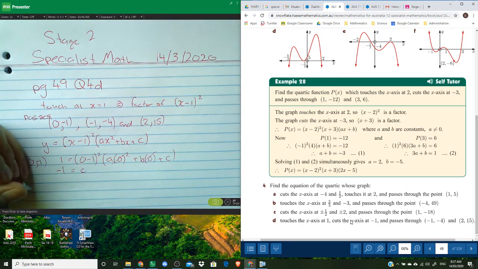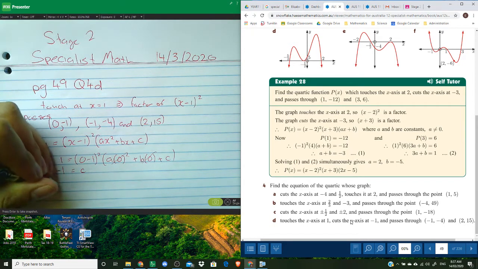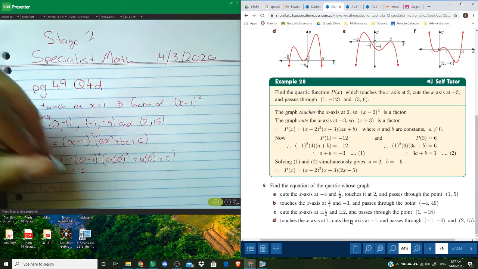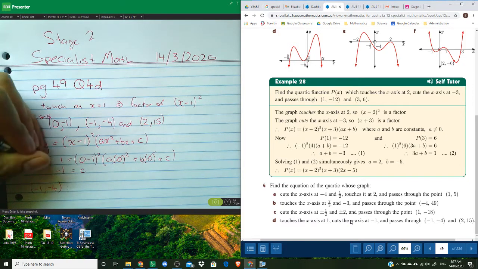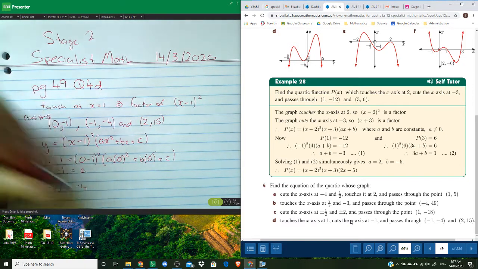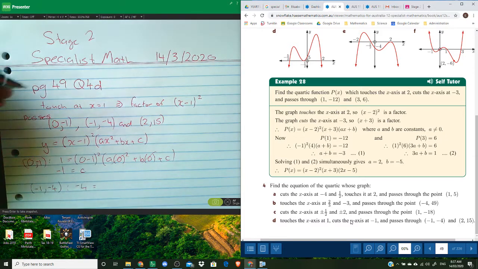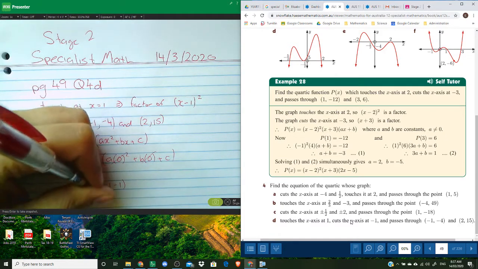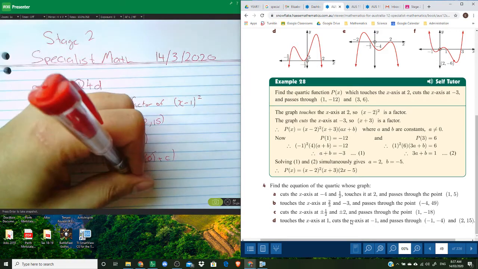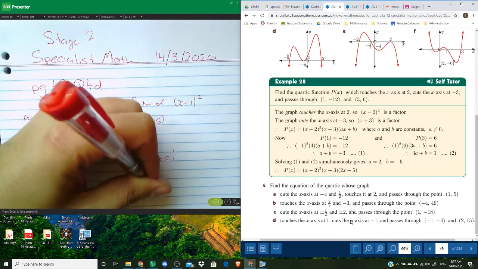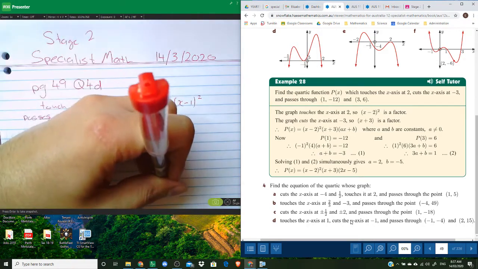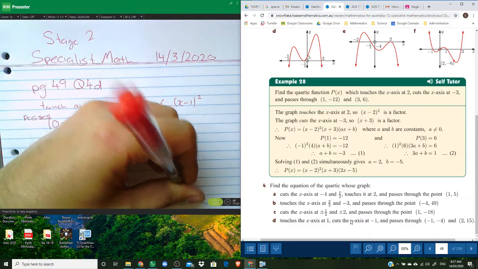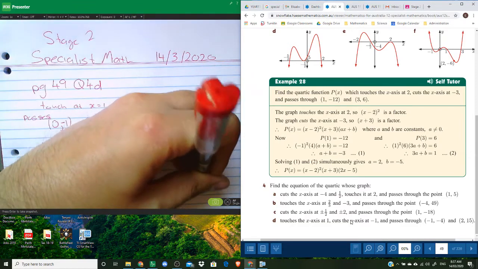So let's do the next one, (minus 1, minus 4). Minus 4 equals (minus 1 minus 1) squared times (a times minus 1 squared plus b times minus 1 plus c).